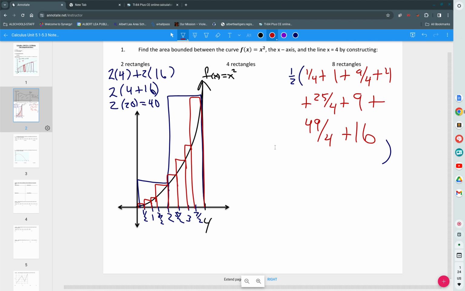So while this one will not give me the right answer, it'll give me a much cleaner answer. Does anybody have 1/2 times that sum? 25 and 1/8 sounds about right.